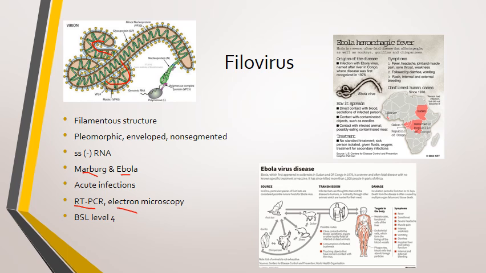You must use a BSL level 4. So BSL level 4 is where you've got a separate air source, the whole thing, okay? BSL level 4 is required for any kind of culture of this particular virus. There are antigen capture ELISAs to detect IgM and IgG.